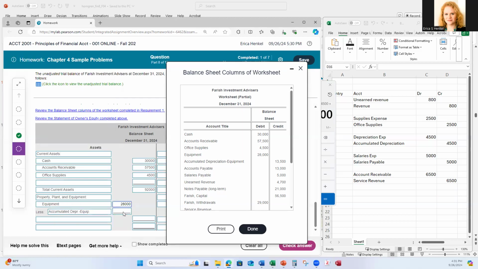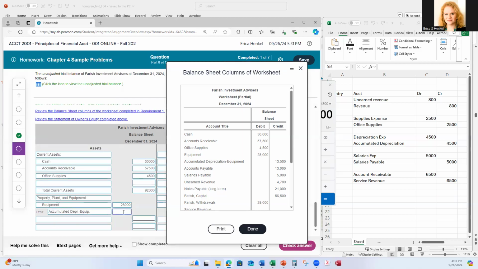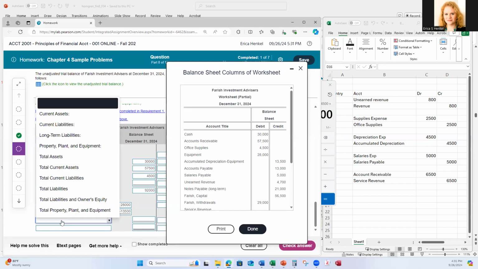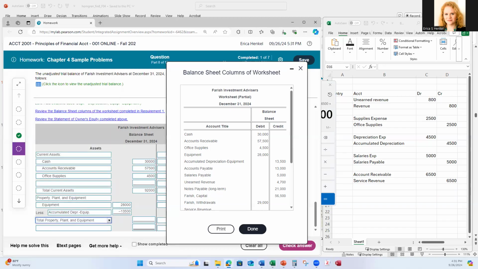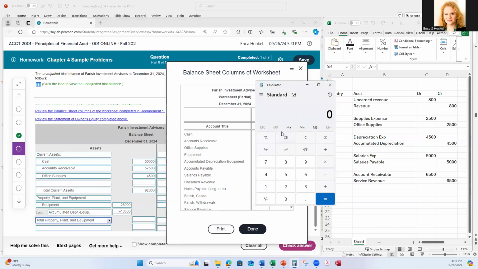So equipment less the accumulated depreciation equipment is going to get us to our total property, plant, and equipment, which is 14,500.